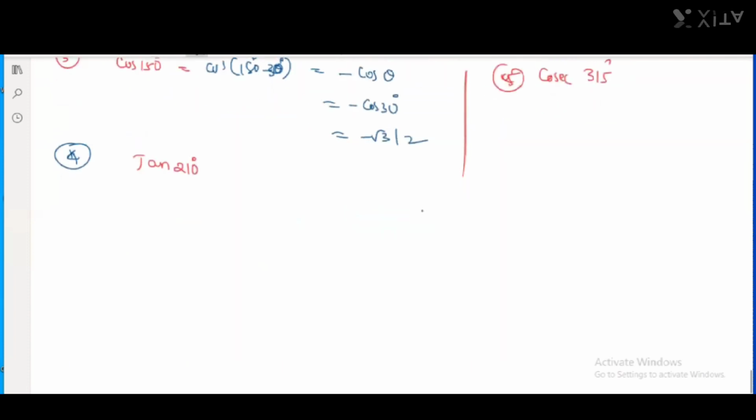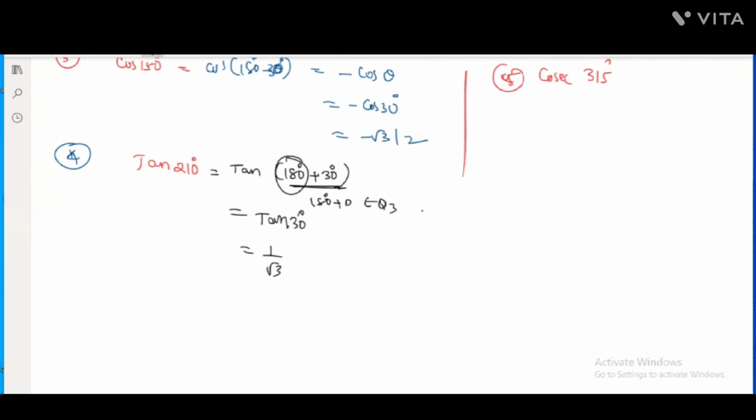So tan 210, how can we write it? Tan of 180 plus 30. In terms of 180 plus theta, it belongs to Q3. In quadrant 3, tan is positive. Since it is an even angle, tan will remain tan only. So tan 30 degrees. Tan 30 is 1 by root 3.